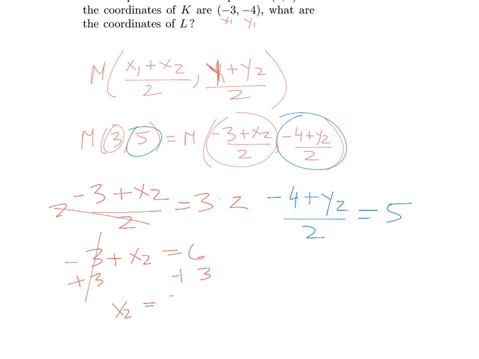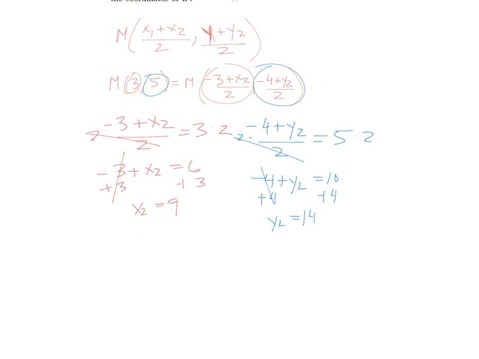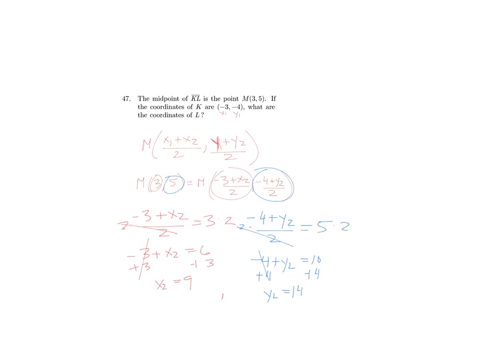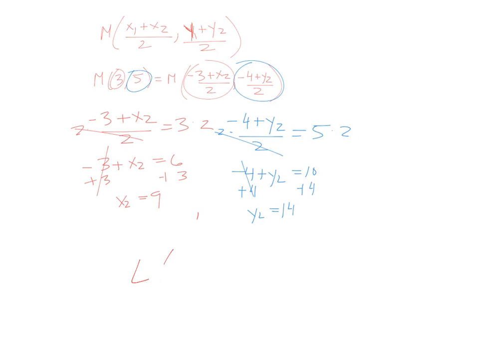X sub 2 is equal to 9. And I'm going to multiply by 2 on both sides here. So my second point, which is L, will be 9, 14. That's all there is to this.